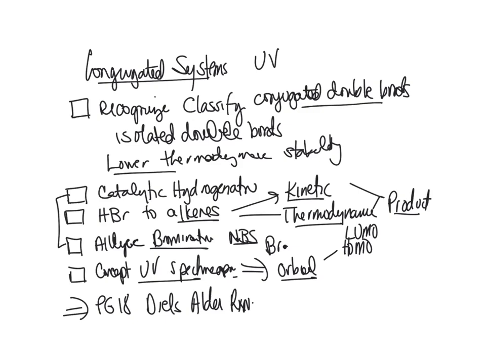So let's go ahead and start talking about classifying a compound, whether it's conjugated double bonds or isolated. So it's very important to be able to recognize if you have a conjugated system.